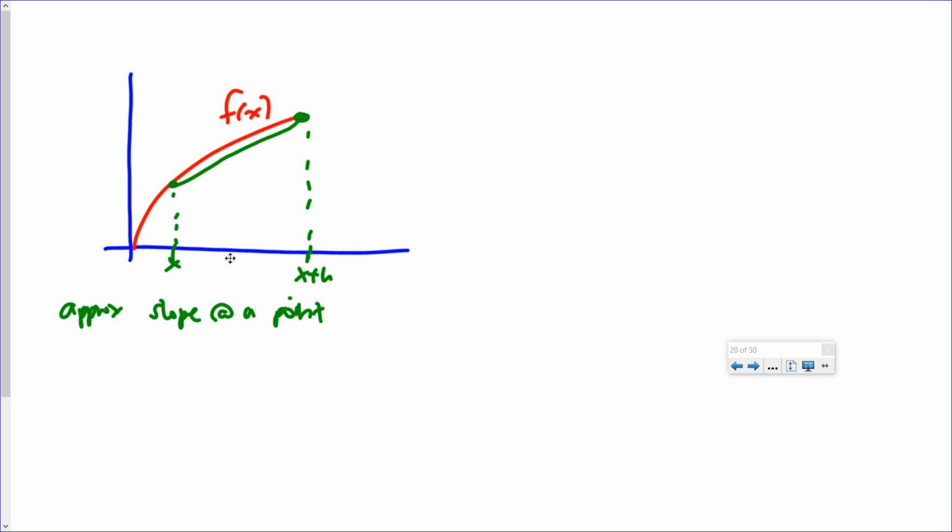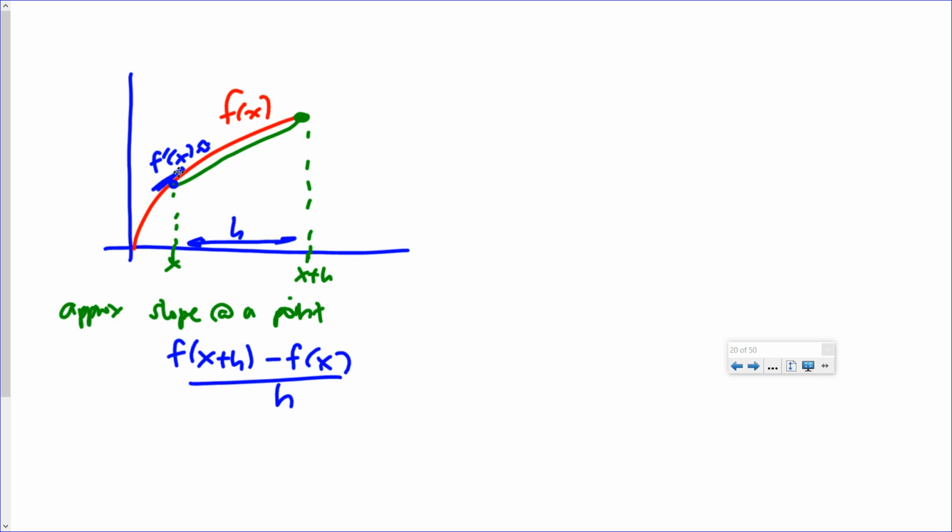Then the slope at this point, f prime of x, is approximately equal to f of x plus h minus f of x over h, right? No. The average rate of change. But this distance right here is h.